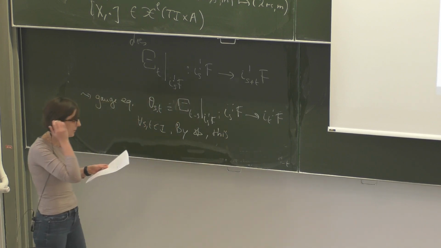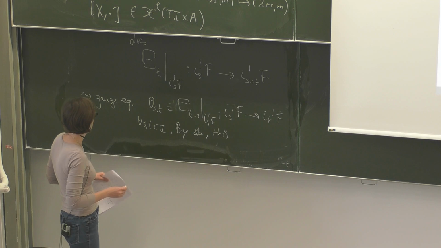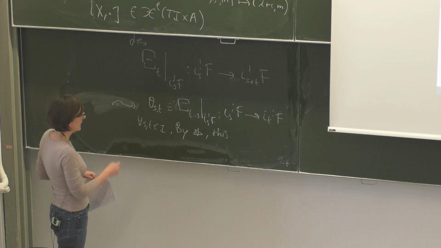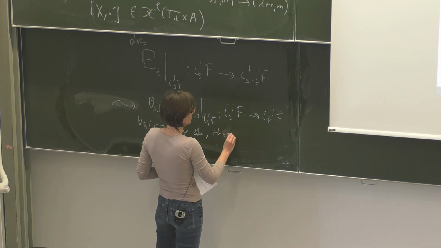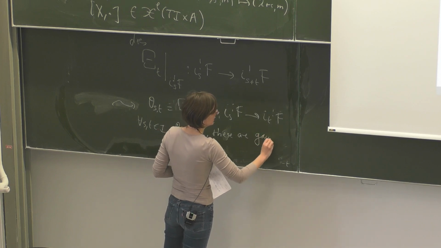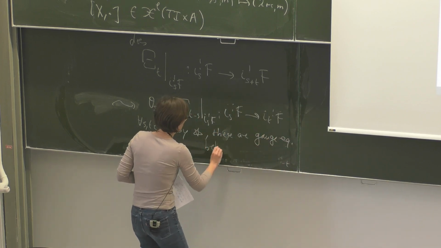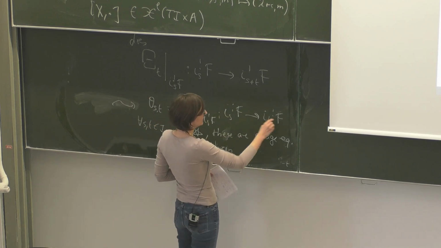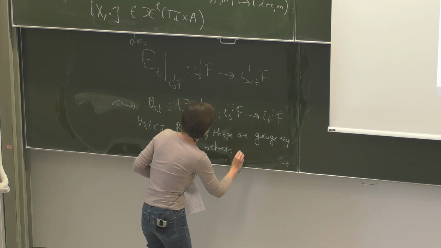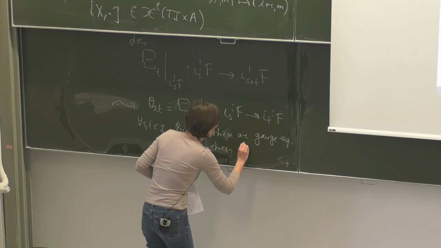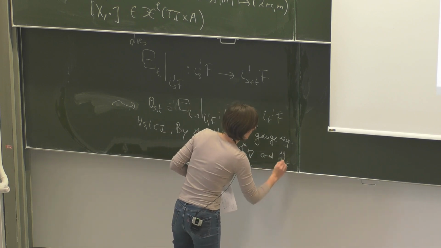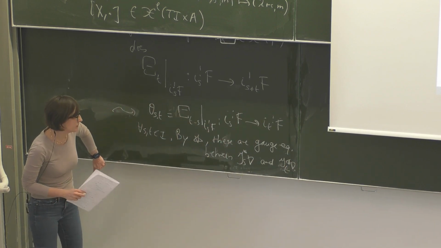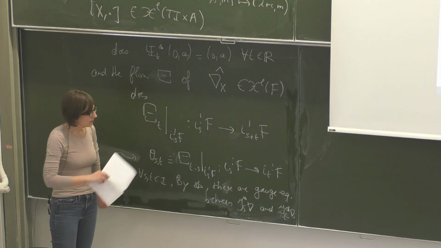This is a computation. You get those maps, and by star, these are gauge equivalences between now the pullback of the connection at time s on this vector bundle and the pullback of the connection at time t on this vector bundle. So i_s pullback nabla and i_t pullback nabla.